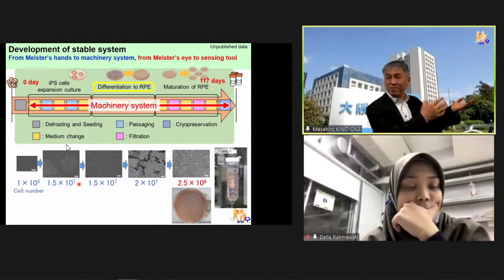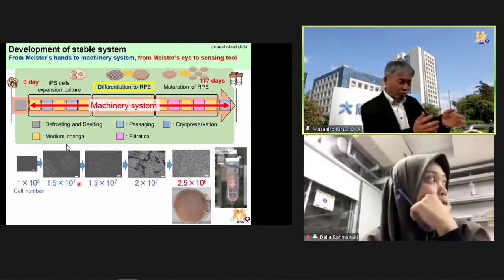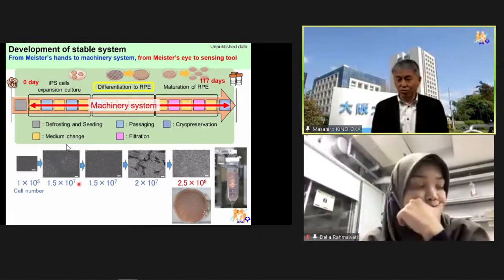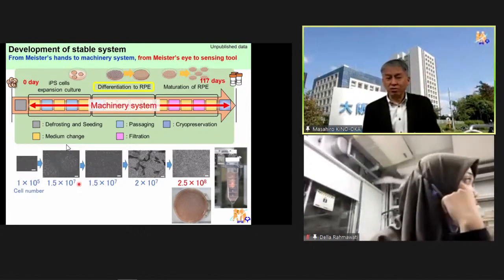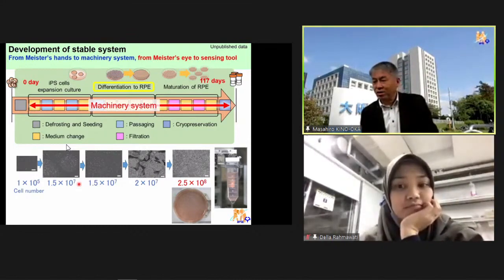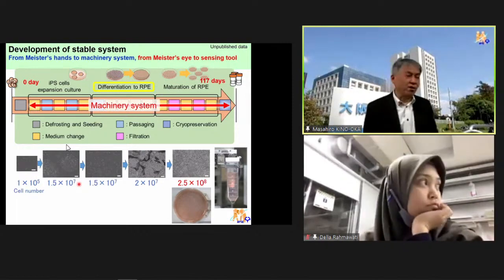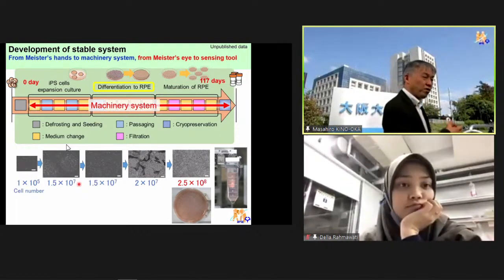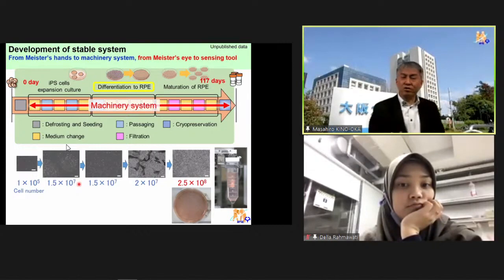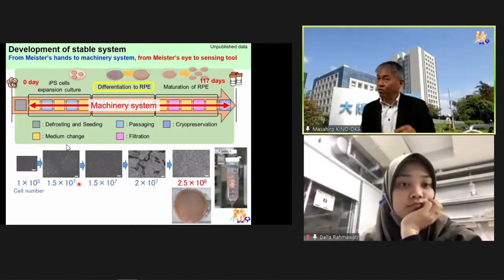Can you imagine? We don't have any downstream purification system. That means that if we cannot prepare the good cells well, we have to throw away the whole product at the same time. That means a big impact of the failure on the cost. Can you imagine?